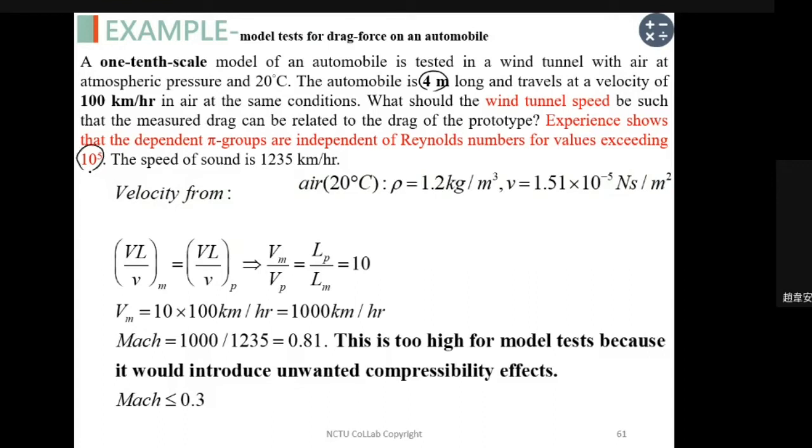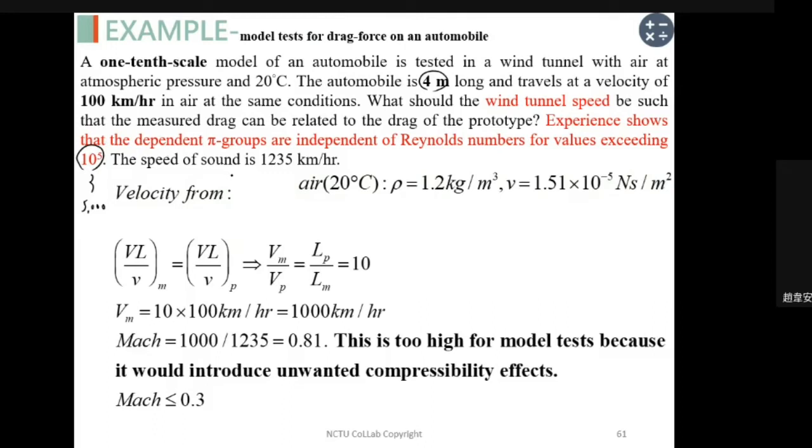So this is quite a bit higher than what we mentioned in the previous figures. Previously, we said that if the Reynolds number is over 5,000, then the pressure coefficients are not sensitive to the Reynolds number increase. But in the exercise shown here, we use a more safe, higher threshold.